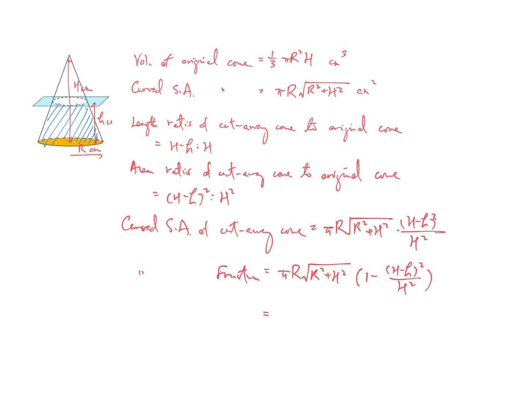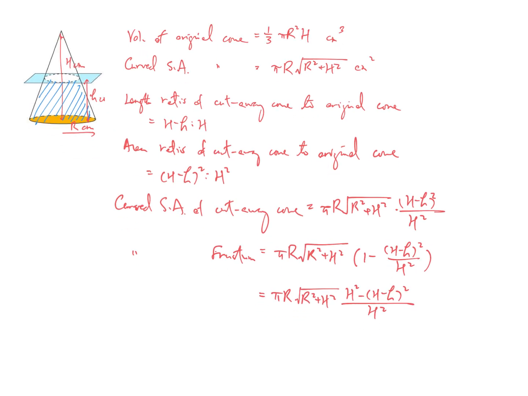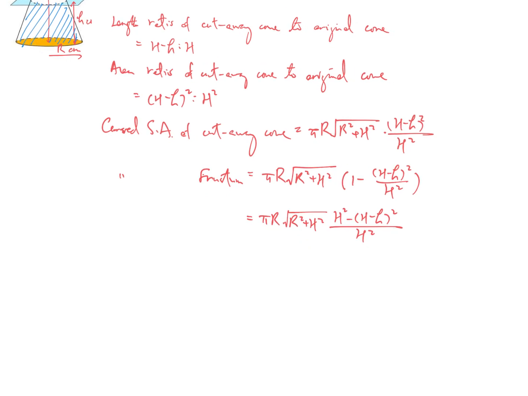Of course, we can common the denominator, and therefore this becomes H square minus bracket (H minus h) all square. This would equal pi R times the square root of R square plus H square. And then let's do some simplification.